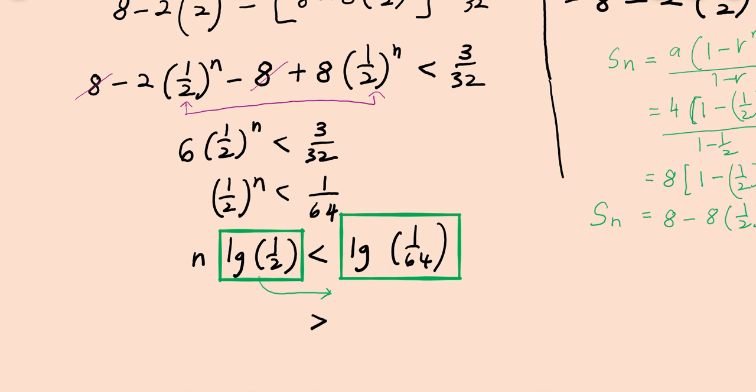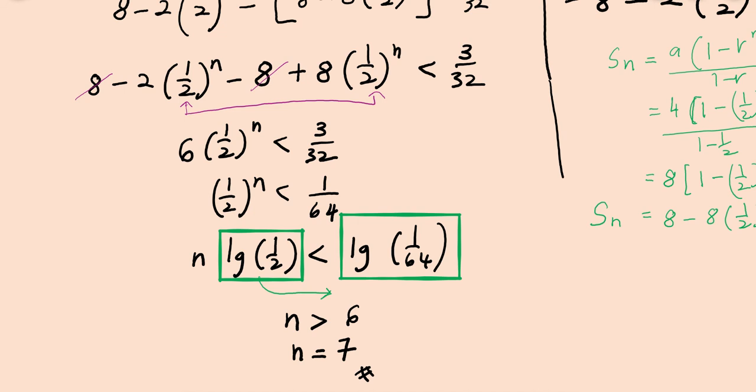So, tekan calculator: log 1/64 divide log 1/2, you will get 6. So, bila kita simplify inequality, you akan dapat n greater than 6. So, the minimum value of n is 7. So, the answer is n equal to 7.